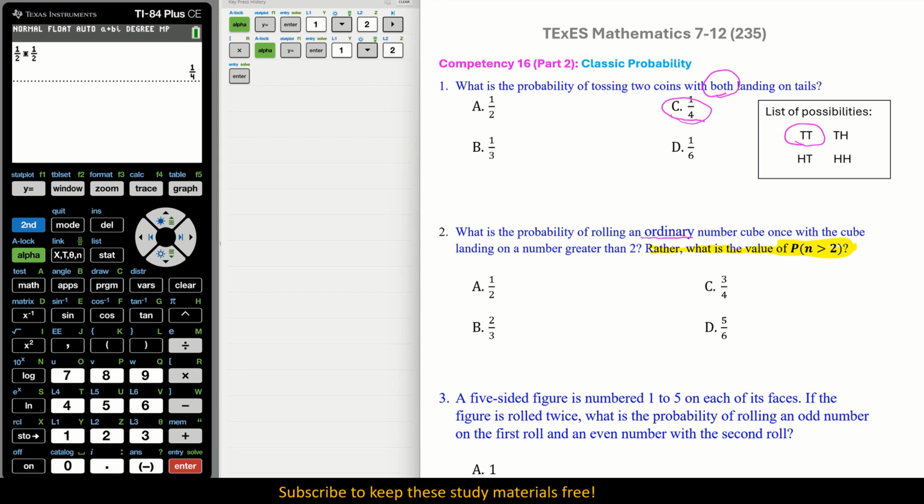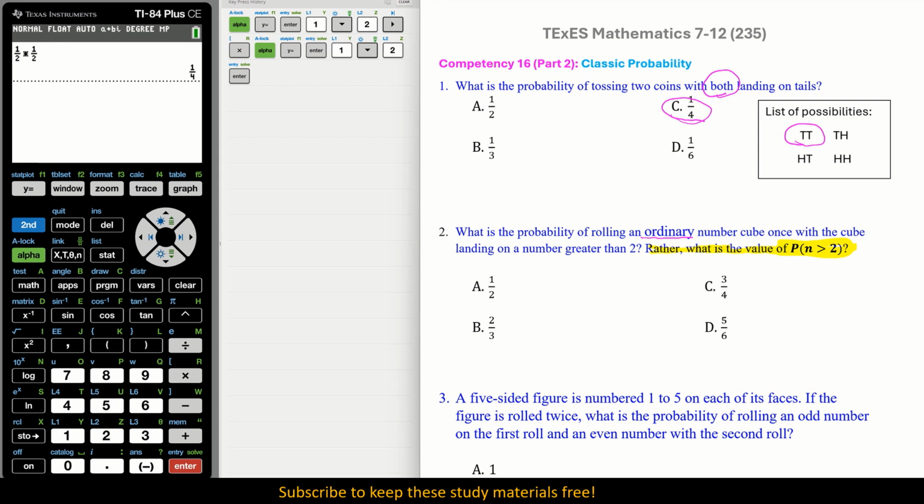The probability of the desired value, a number greater than 2. That notation says almost the same thing as that whole prior sentence. It's just something we need to know while we're taking a test. You never know how they're going to present the notation.